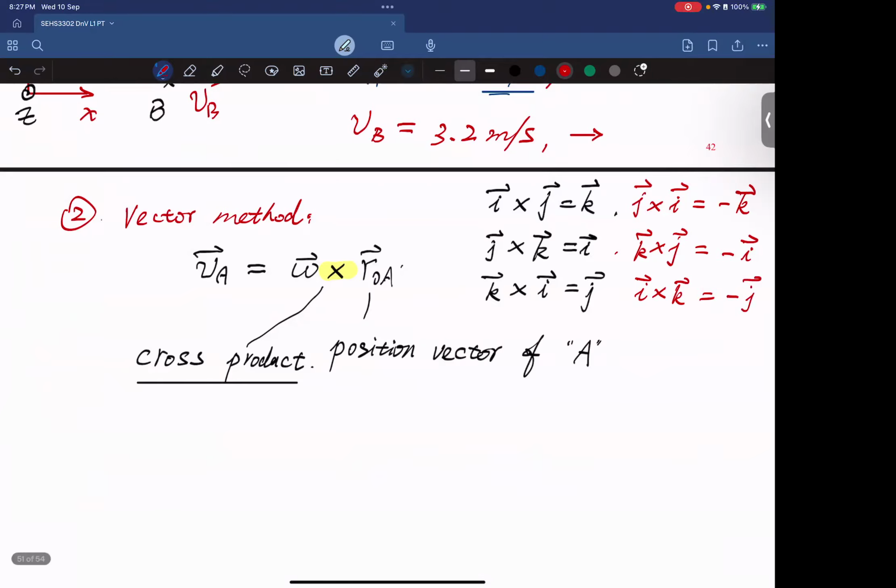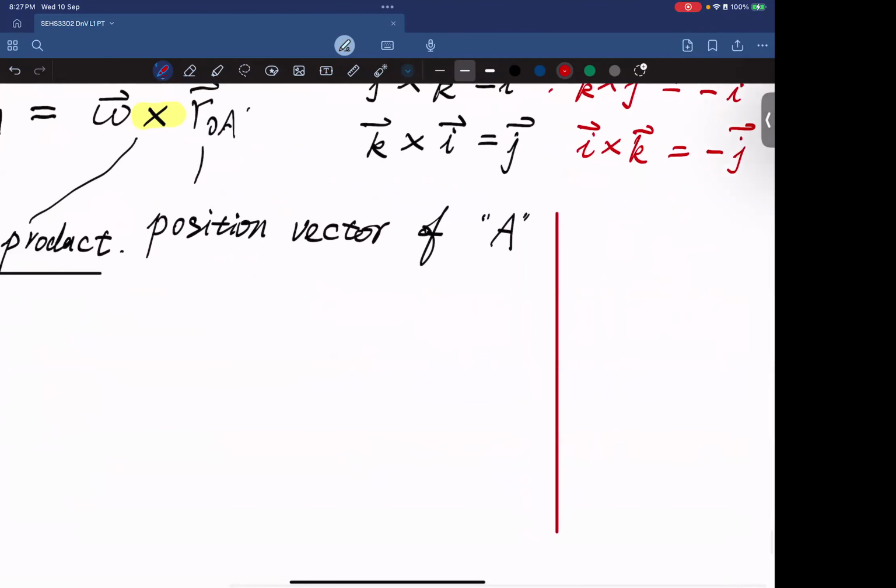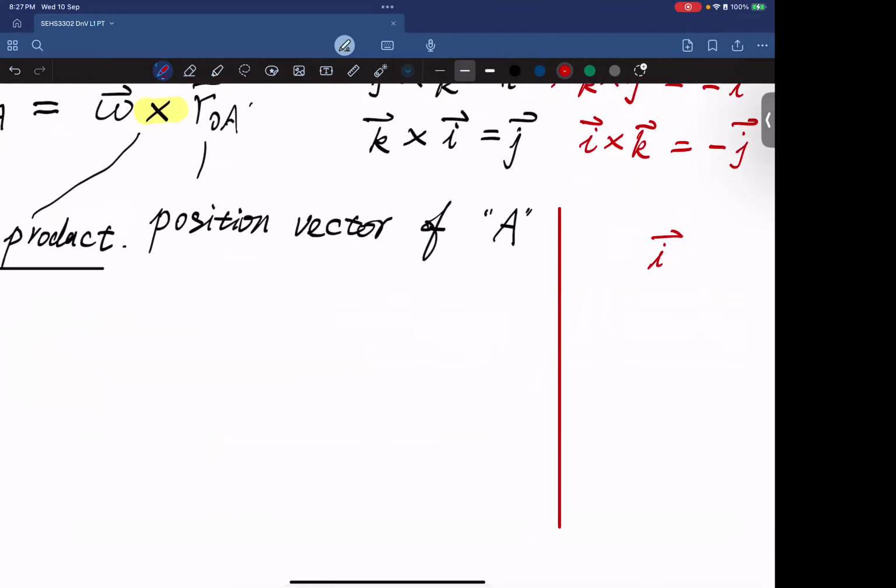So how to remember this? We can just use a circle: i, j, k. We have a positive direction here. So i cross j, we must get a positive k. j cross k, we must get a positive i. So they are all positive.